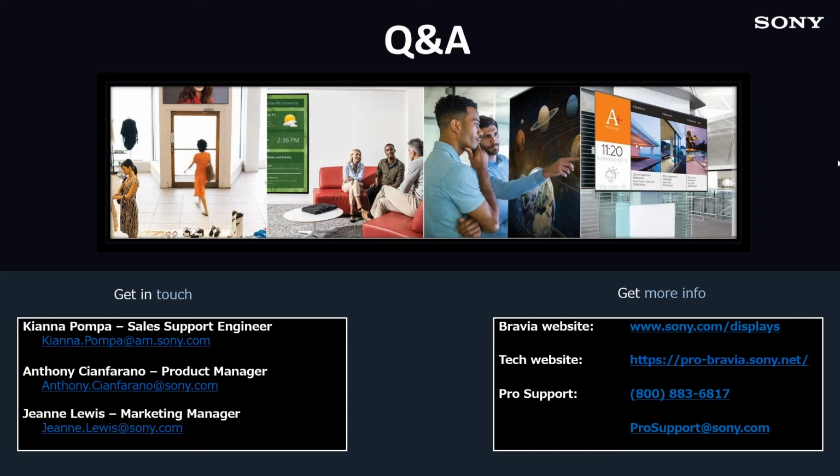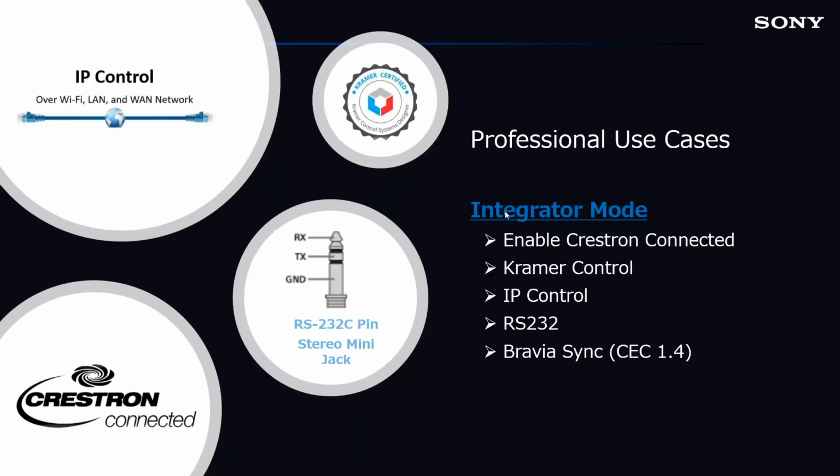So you would have to call us for support, and our support line may or may not recognize that number as a professional model. And so you may have to explain yourself a little bit deeper. But to answer your question, yes, the Pro Mode operation is available on all BRAVIA units. It's a matter of support. We support the units that we sell through our channel. That's not one of the ones we sell through our channel.